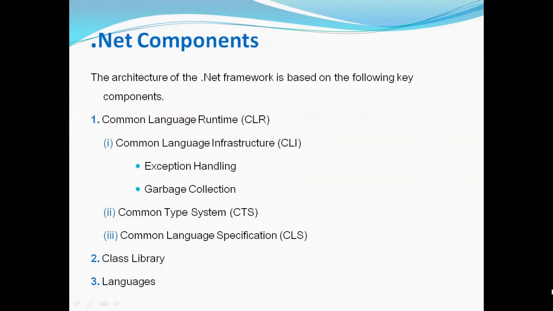The architecture of .NET Framework is based on the following key components. Common Language Runtime, CLR. It is the main part of the .NET Framework. It has three different components also: Common Language Infrastructure, CLI, Common Type System, CTS, and Common Language Specification, CLS.